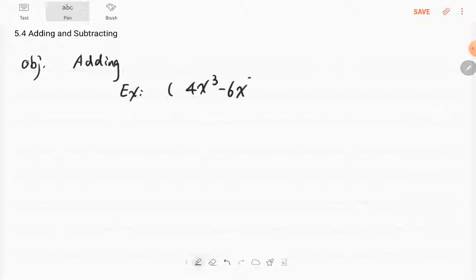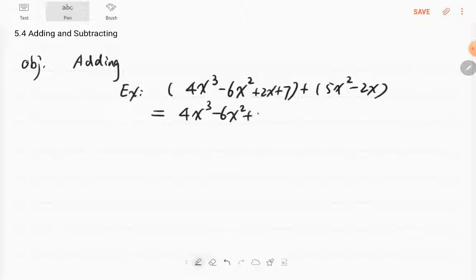We have one polynomial add another polynomial. So we only need to combine the like term, but before we combine the like term, we should remove the parentheses first, right? So we copy the first one.